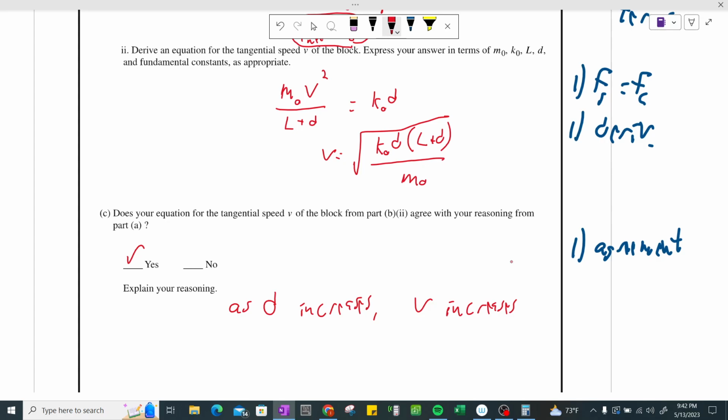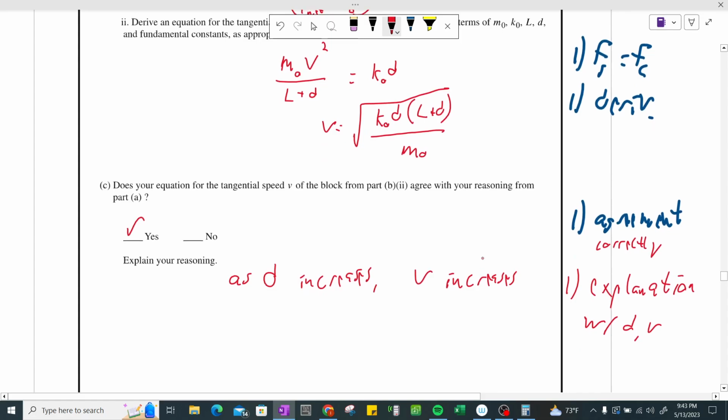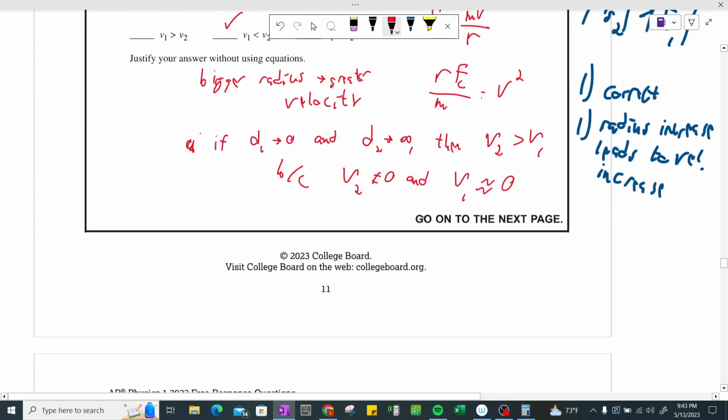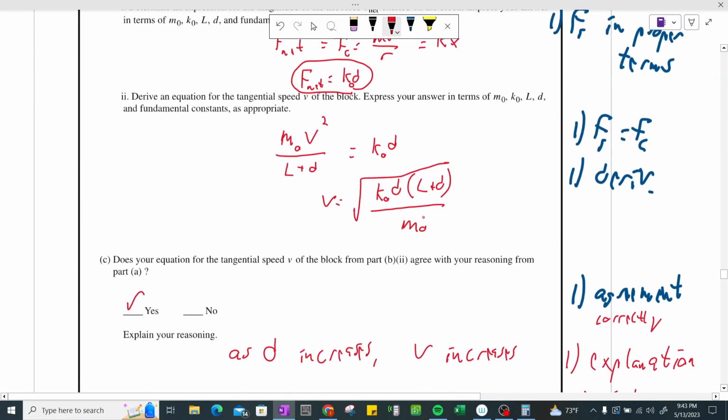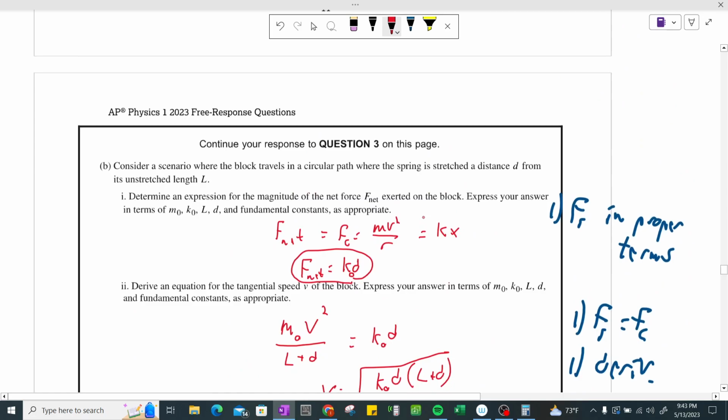So I'd imagine it's going to be 1 for the agreement, correctly, and probably 1 point for the explanation with D and V. The reason you have to specify those is that, looking back at this equation, K naught is constant, M naught is constant, L is constant. The only thing changing is D. So we have to make sure we say that when D increases, V increases, and that agrees with our reasoning. If you said D increases and V increases and that does not match your reasoning from earlier, or that makes your earlier one wrong, they might give a point, but I would not bank on that. But that should give us our total 12 points.